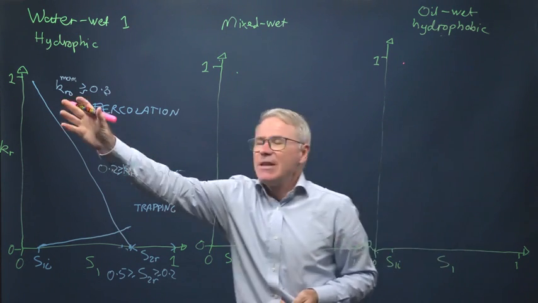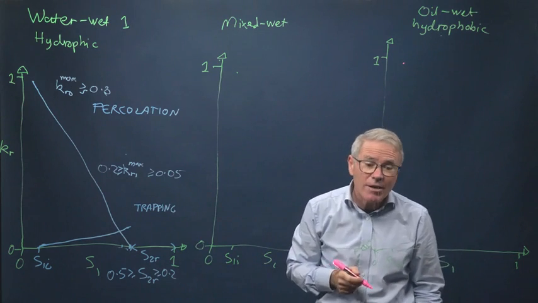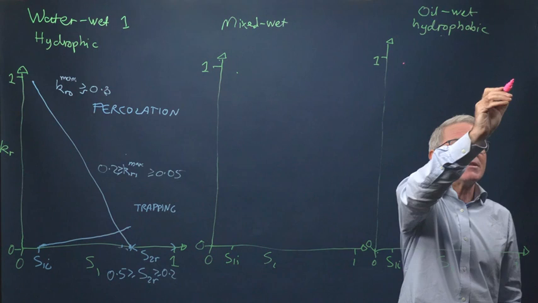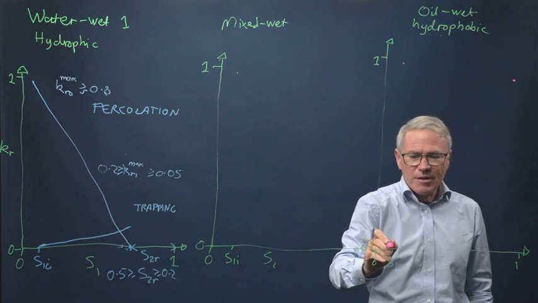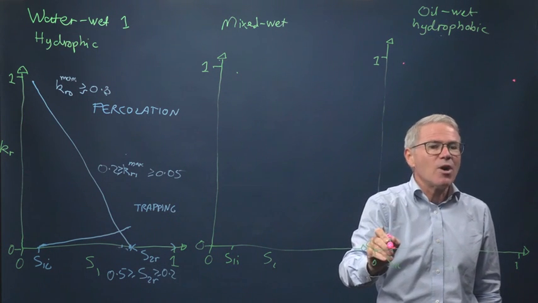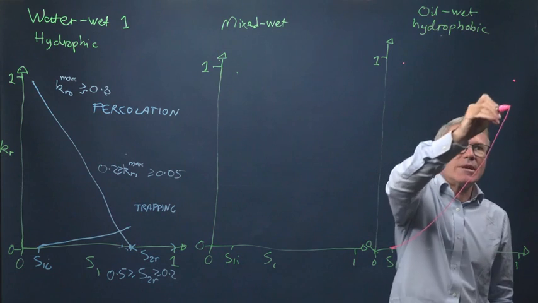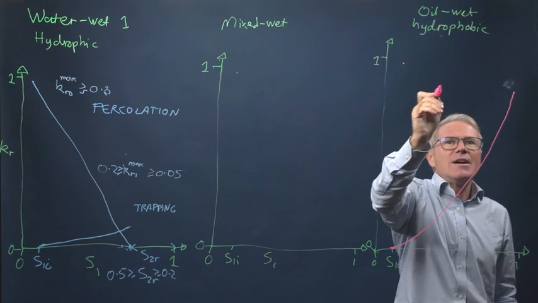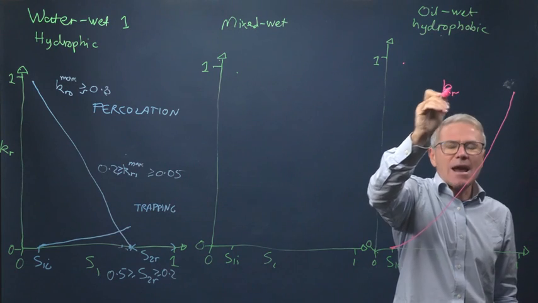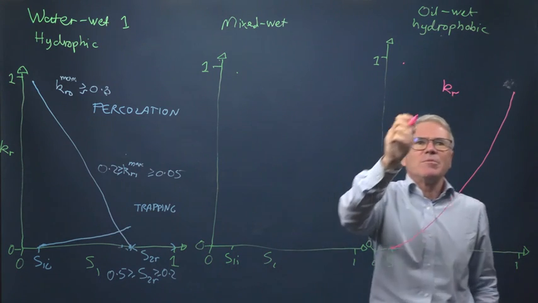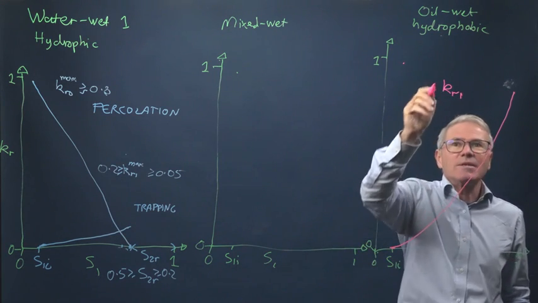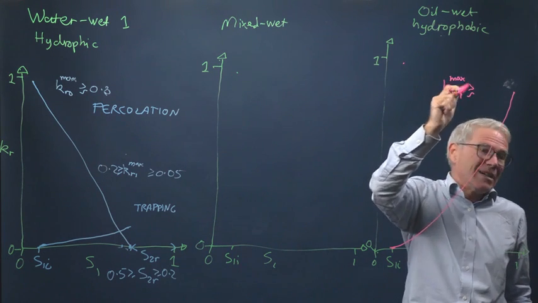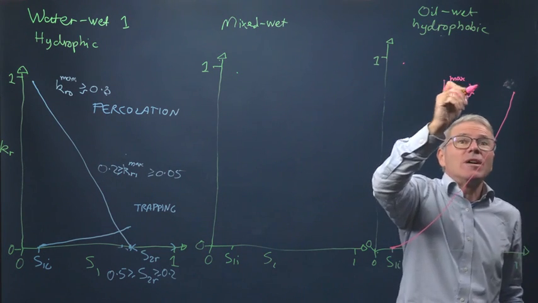So you'd expect to have quite a high relative permeability value, and a relative permeability that does rise really quite steeply like this. And it doesn't necessarily have to get all the way to here. Let's say here, you normally find that the maximum relative permeability of phase 1, the non-wetting phase now, is typically greater than about 0.4, 0.5.